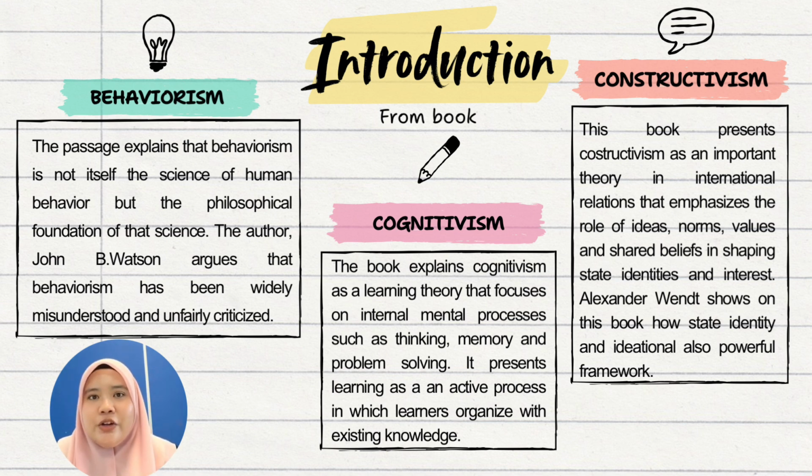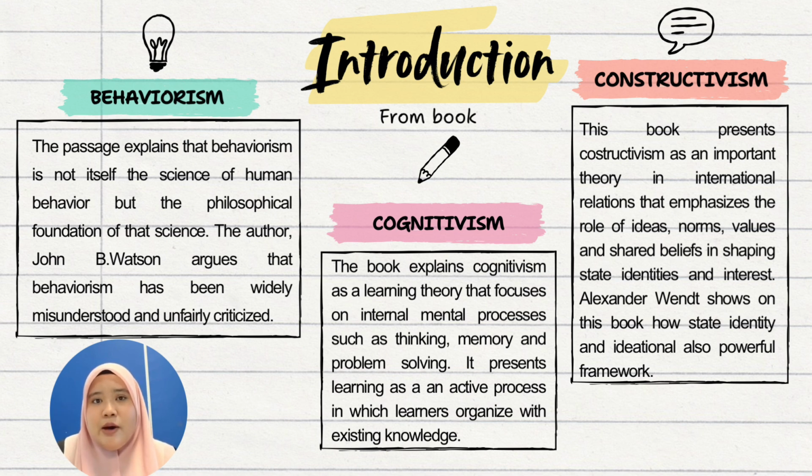Next is cognitivism. The book explains cognitivism as a learning theory that focuses on internal mental processes such as thinking, memory and problem solving. It presents learning as an active process in which learners organize information with existing knowledge.